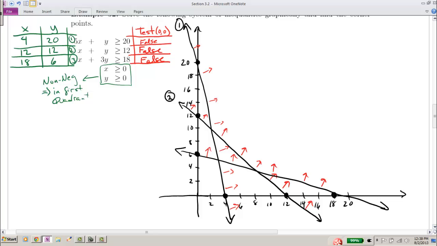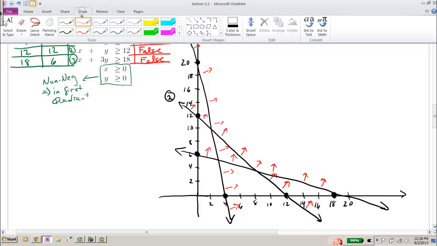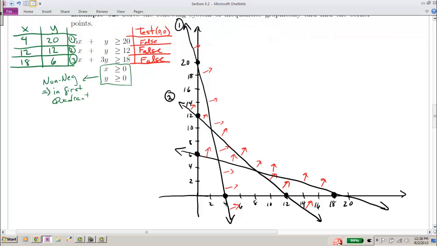Now, the last two, the non-negative constraints that put us in the first quadrant, we're going to take into account because we have to be on this side of the y-axis, and above the x-axis.